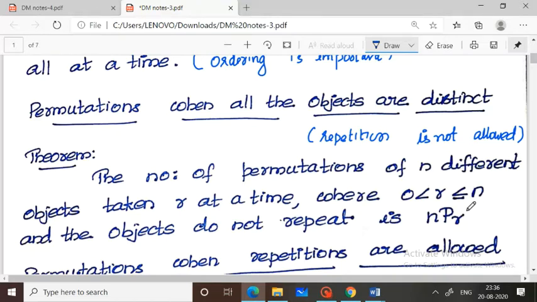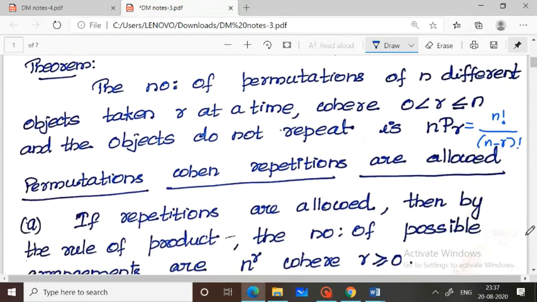The arrangement of objects in a definite order taking some or all at a time is called a permutation. It is denoted by the symbol nPr, with the formula n factorial divided by (n minus r) factorial. So this is the formula for nPr, that means permutation. You all know that.